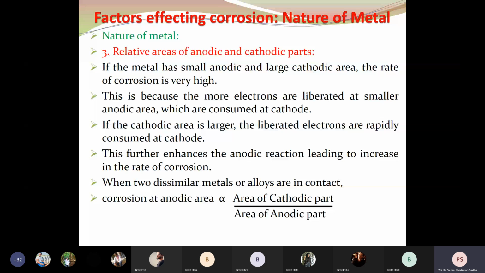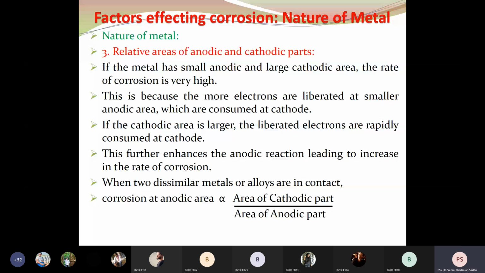This is because more electrons are liberated at the smaller anodic area, and they are consumed at the cathode. Since the cathodic area is larger, the electrons liberated at the anode are rapidly consumed at the cathode. This enhances the anodic reaction. Since the cathodic area is consuming more electrons, it will extract the electrons from the anode.